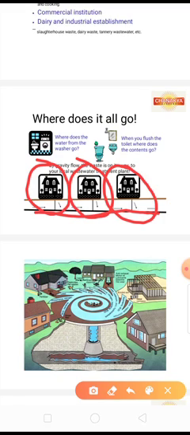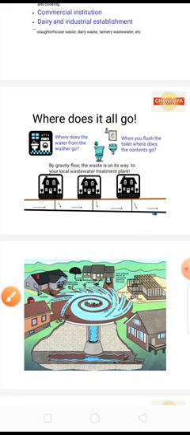So where does the water from the washer go? Or when you flush the toilet, where does the content go? All of it goes into a local wastewater treatment plant.